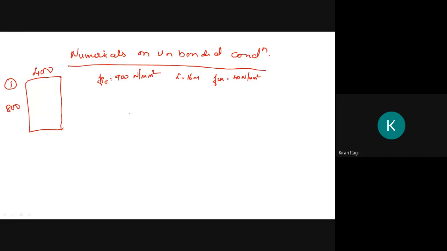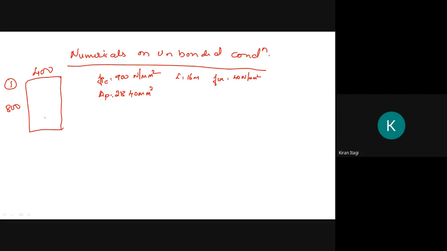Okay. Area of prestressing steel AP he has given 2,840 mm square. Okay, and he says that it is unbonded condition, and the effective depth is 800.